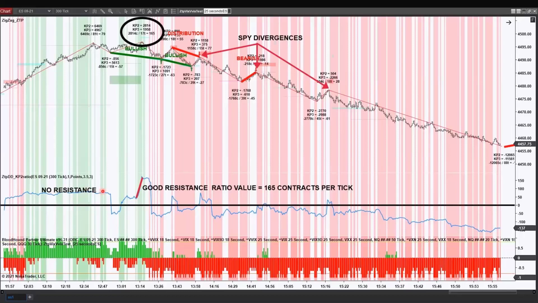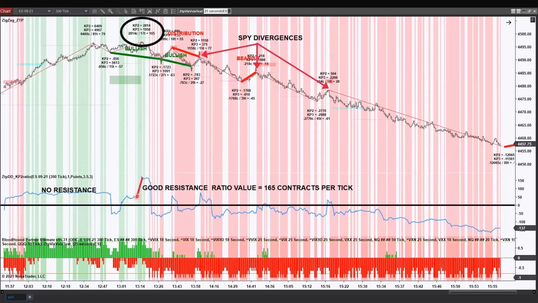And this is something that I teach you, how to read this indicator. But basically, we were in a strong trend, and this indicator, by going flat right here, is telling us that there isn't resistance with rising prices. The resistance is put in by the sellers as price moves up right here.